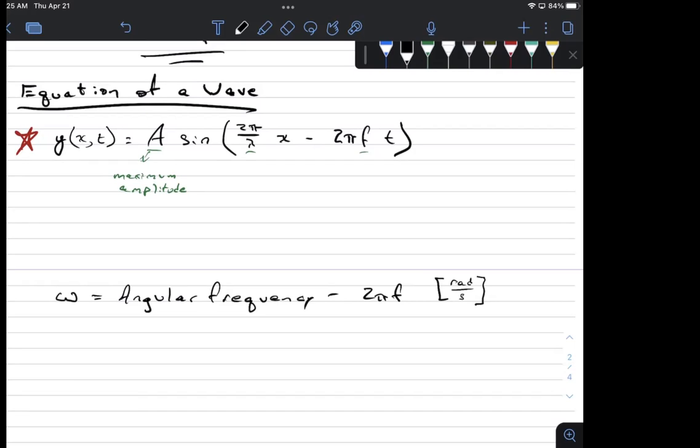Then they made another variable, k. This is called the wave number. What is the wave number? If you look at the equation, it's very easy to see. It's 2 pi over lambda.